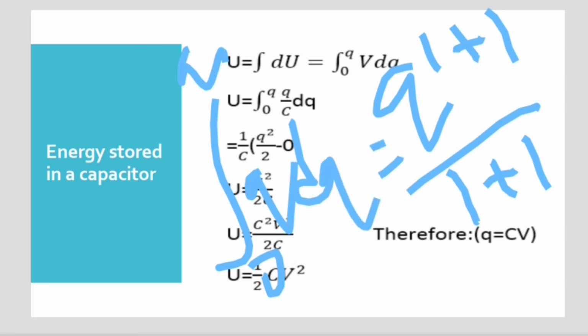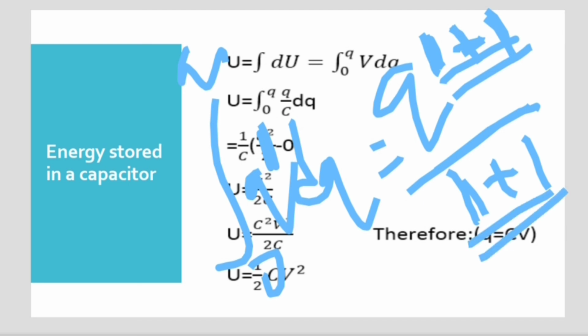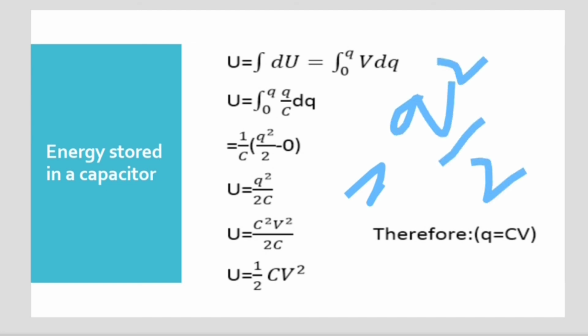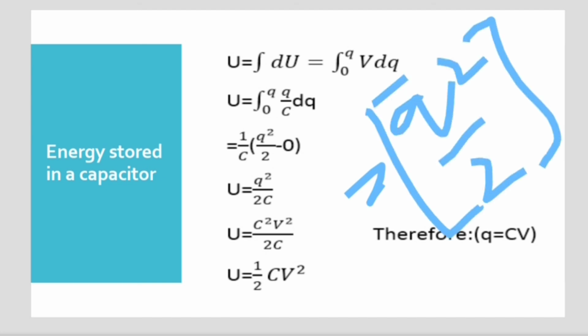What is the power here? It is 1, so power plus 1, that is 1 plus 1, divided by the new power, which comes in the denominator. So you have q square by 2. Now you need to place the limits 0 to q.